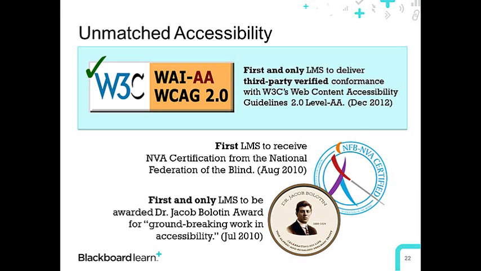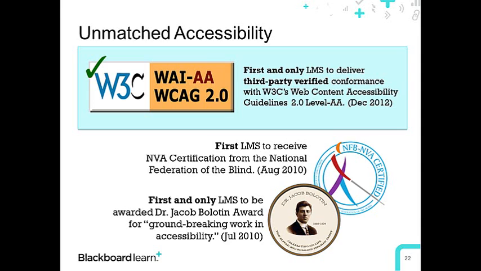And part of these standards have to do with accessibility. And WAI is the Web Accessibility Initiative, and WCAG is the Web Content Accessibility Guidelines. And the goal of WCAG is providing a single shared standard for web content accessibility that meets the needs of individuals, organizations, and governments internationally.